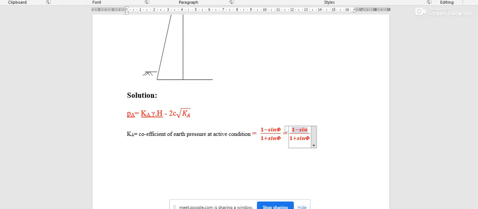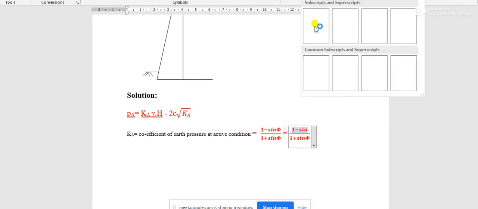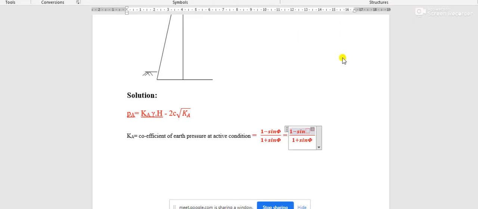This is 0 degree, and this one is also 0 degree.